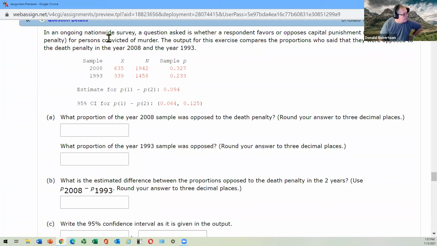So in an ongoing nationwide survey, a question asked is whether a respondent favors or opposes the death penalty, right? And in 2008, 635 out of that number, which is 32% roughly. And then in 1993, it was this out of that, which is that number. And they even tell you what the difference between the two is, which is basically if you took that number and subtracted that one, you would get that, right?